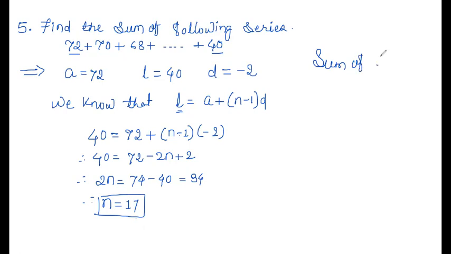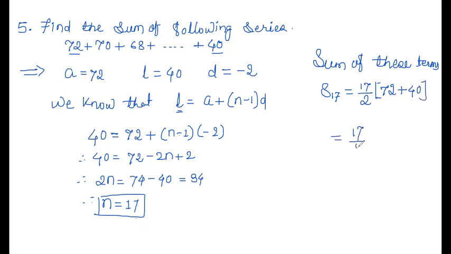Sum of these terms, that is S17, is equal to 17 divided by 2 in bracket, first term is 72 and last term is 40, which is equal to 17 divided by 2, 72 plus 40, that is 112.